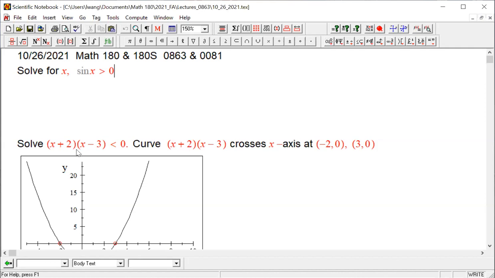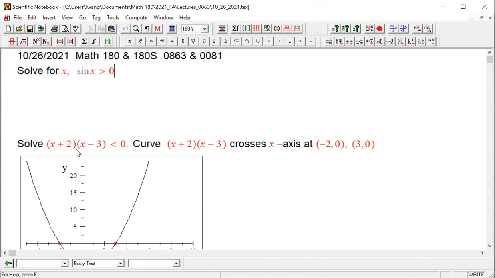So from that perspective, you can build up again. Think about the original question, which is sine x greater than 0. For what values of x is sine of x going to be greater than 0?